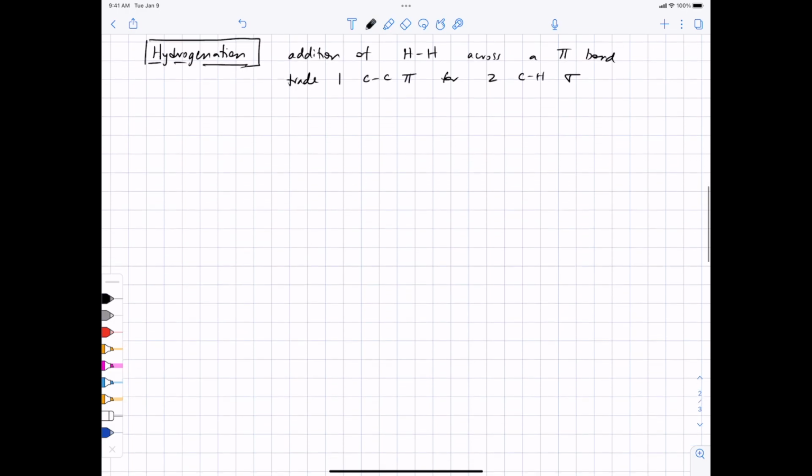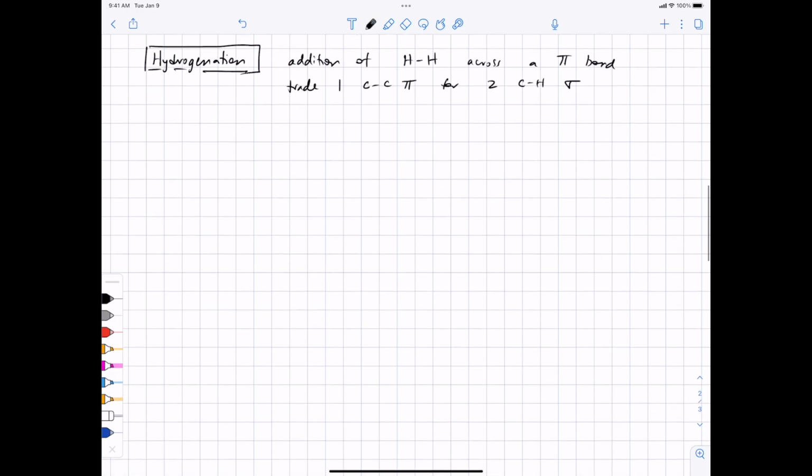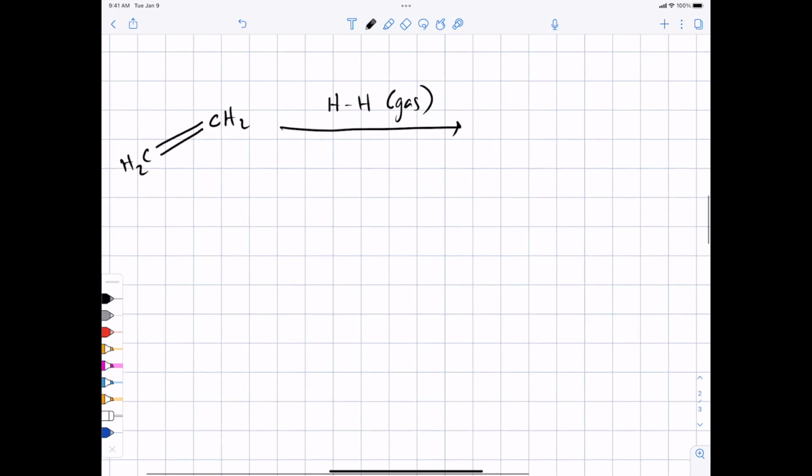We have to do the math to determine that. Don't worry about that. So the reaction is to take an unsaturated hydrocarbon. We'll use ethene as our simple example. You use hydrogen gas, and you use a catalyst. The reaction's favorable, but you need a catalyst to get it going.